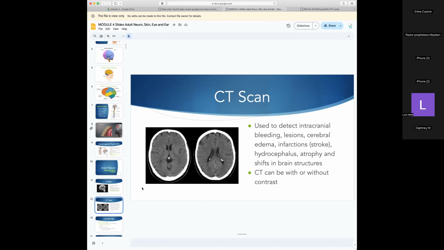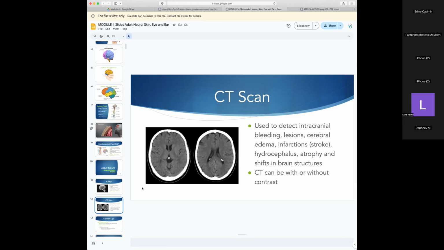Next up is a CT scan, okay? CT scan, also called computed tomography. It is used to detect, so this is more for soft tissue. An x-ray is more for something hard, like bones, right? CT is more for tissue.